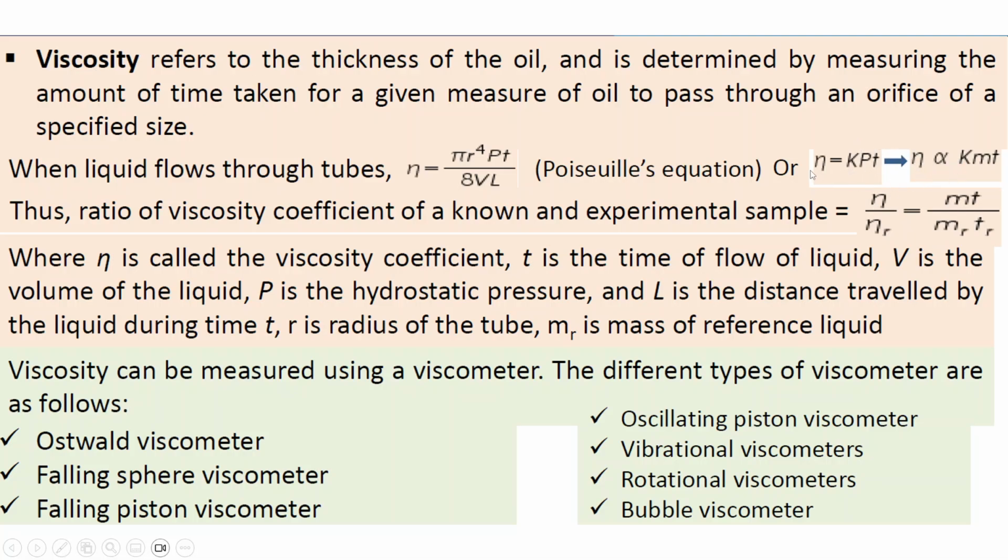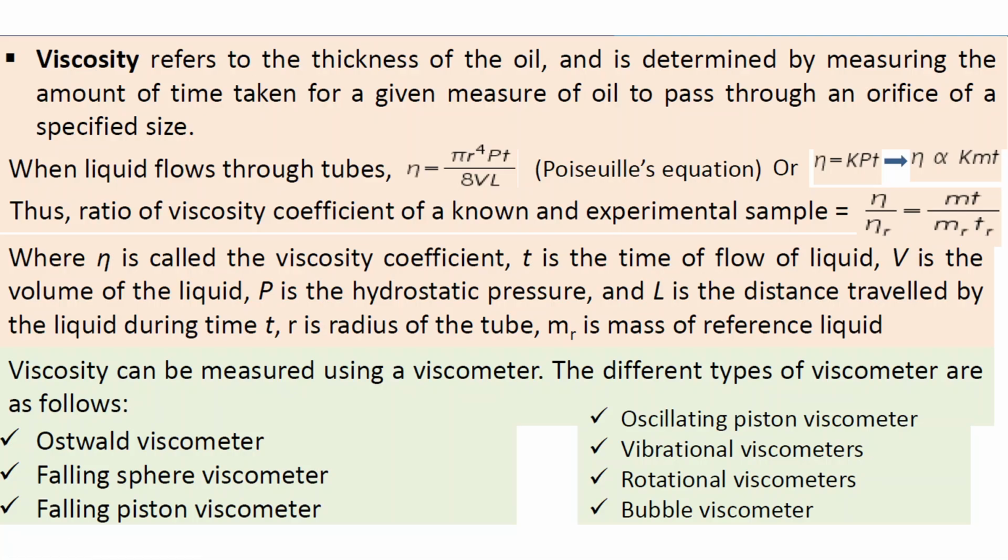So if we take this equation, eta is proportional to Kmt, K is constant. We can say that eta is directly proportional to mass and time of flow.